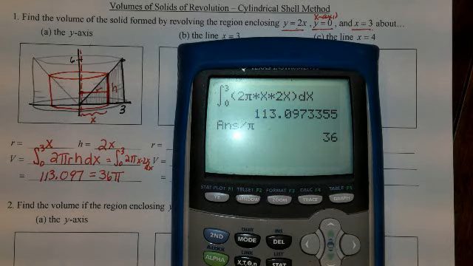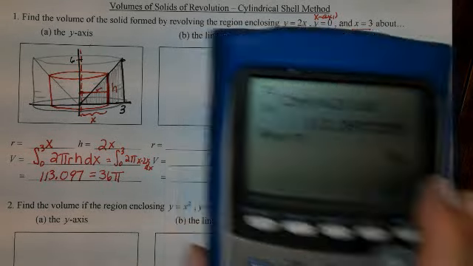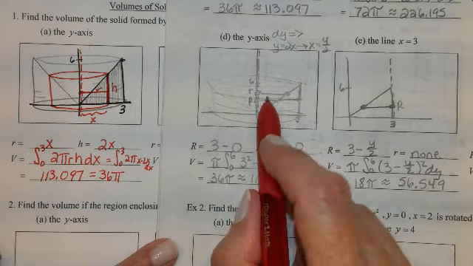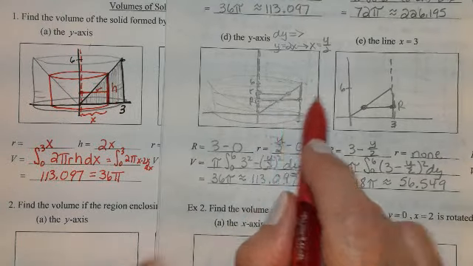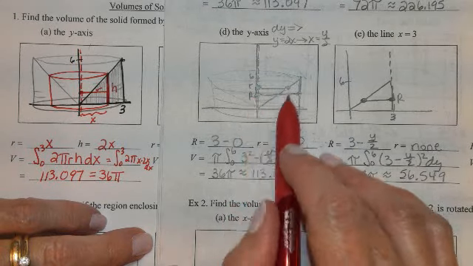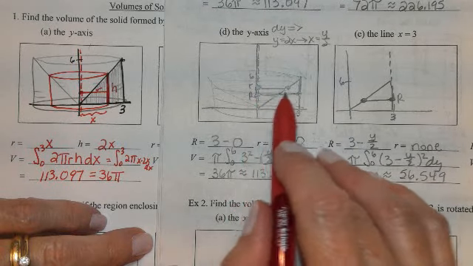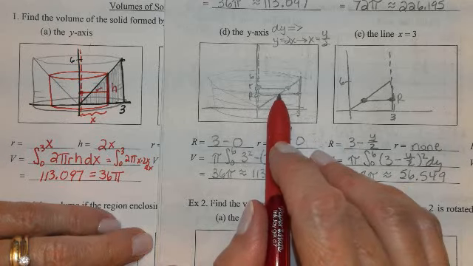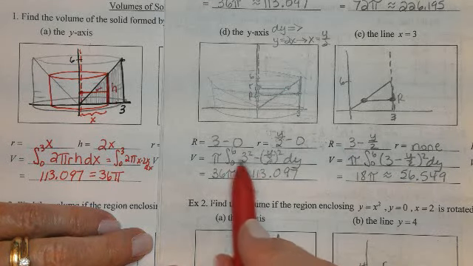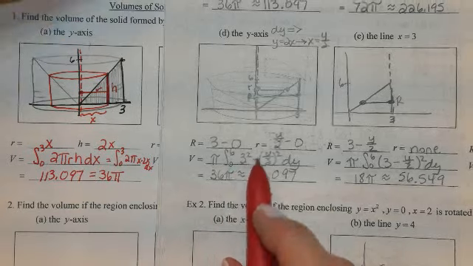Yesterday when we did the disc and washer method, we did this exact same problem. It's hard to see here, I wish I had saved my other colored one, but we did the same problem using disc and washers in this case, okay? And look, we got the same answer, doing it a completely different way, okay?